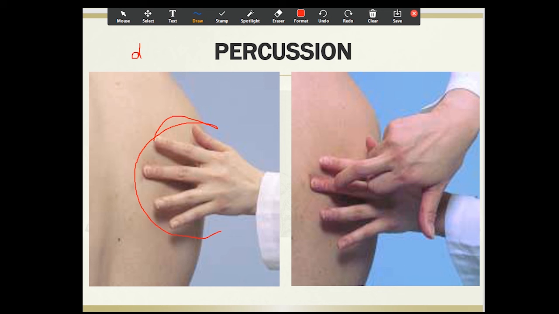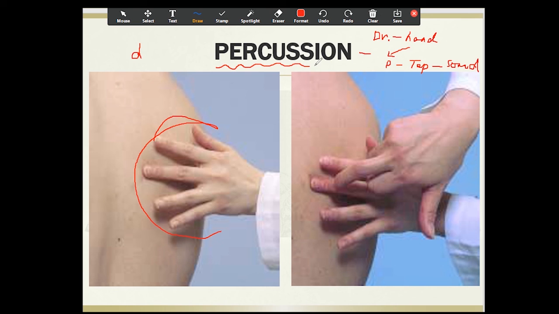But generally, remember, for percussion we use the doctor's hand put on the patient's body, tapping the patient's body, and then hear the sounds coming from the patient.